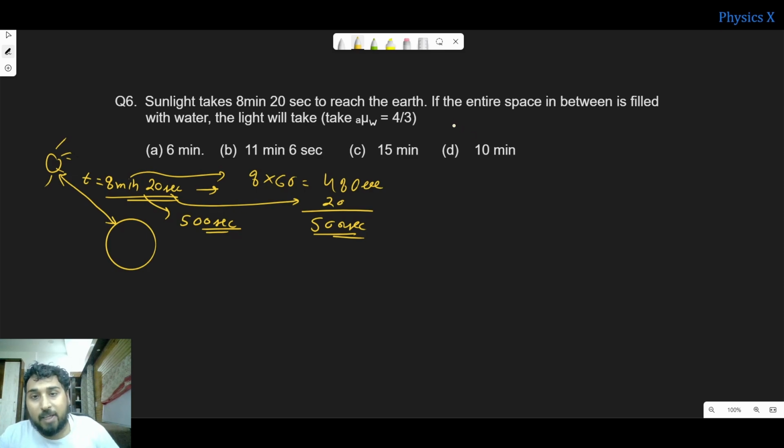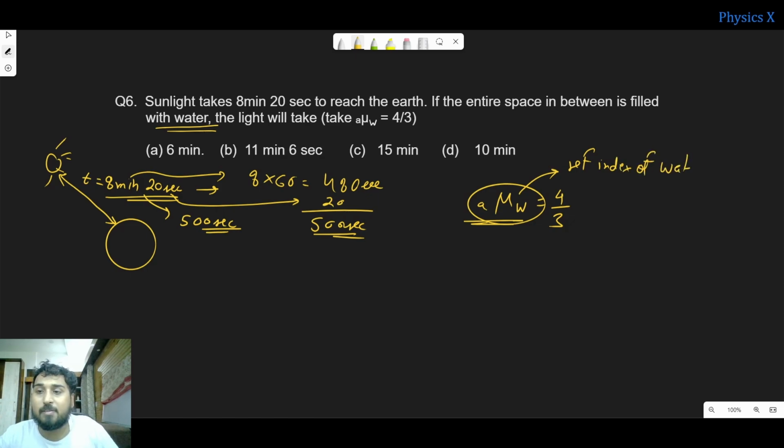Now he is telling, if the entire space in between is filled with water, whereas now this case is air, how much time will the light take? He is mentioning to take this refractive index. Now let me tell you this symbol also. You read this as refractive index of water with respect to air.